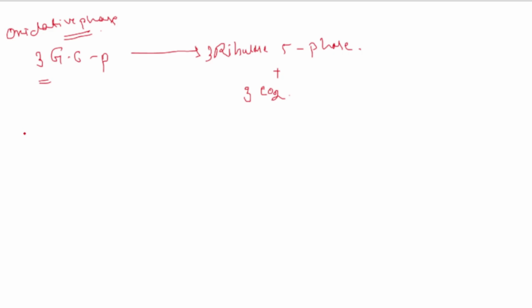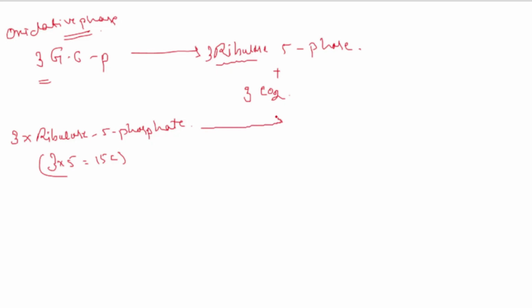Here there is utilization of 3 molecules of ribulose 5-phosphate. If it is 3 molecules of this 5-carbon compound, how many carbons will be present? Here there will be 3 into 5, that is 15 carbons.